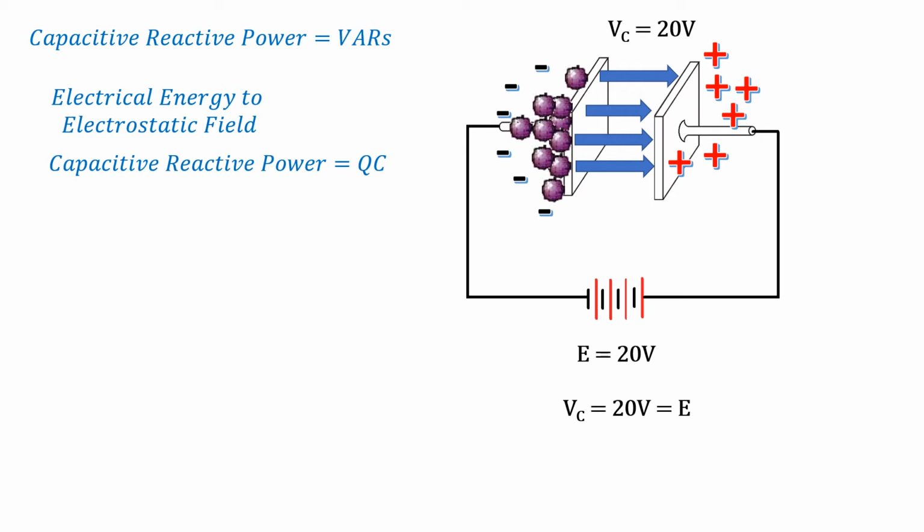We call this capacitive reactive power. We use the symbol QC, again Q being reactive power, with a subscript of C for capacitance, and we measure this in volt-amps reactive. So it's very similar to what we did back in inductance.